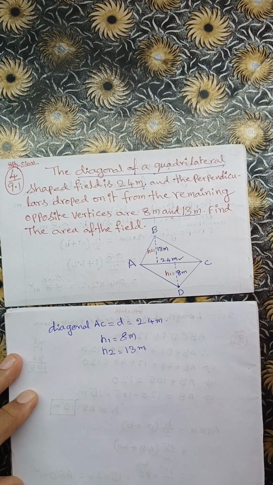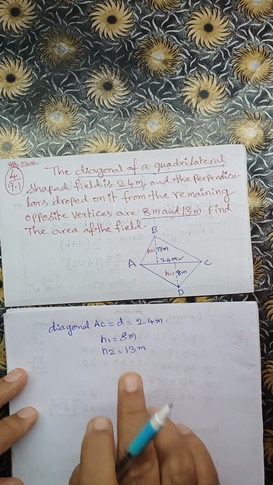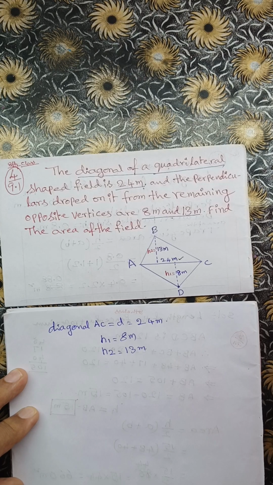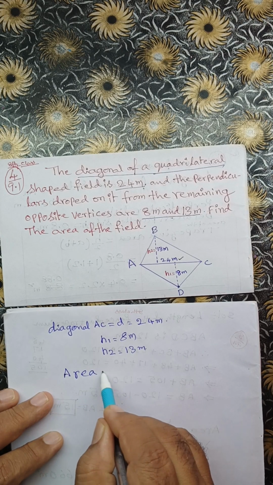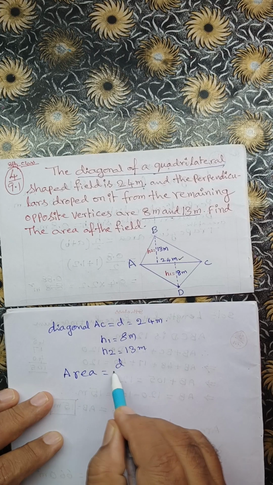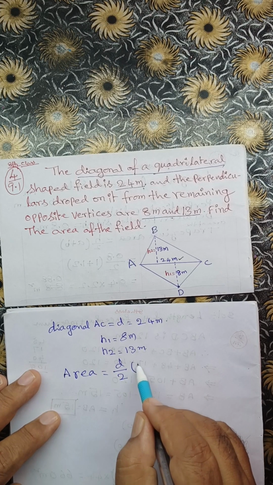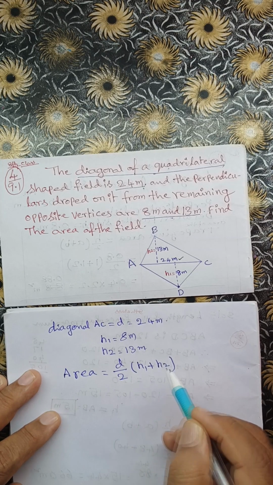Now, we have to substitute the values in the formula of area. What is the formula of area? Area is equal to d by 2 into h1 plus h2.